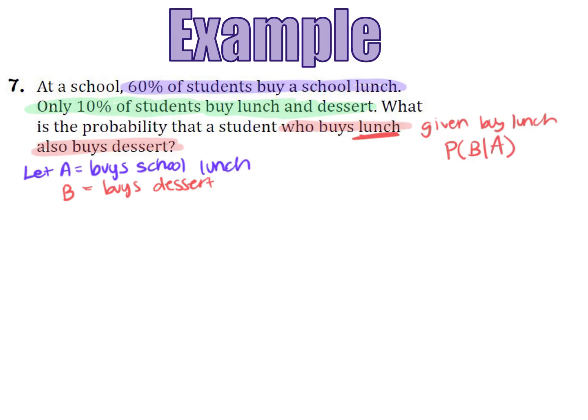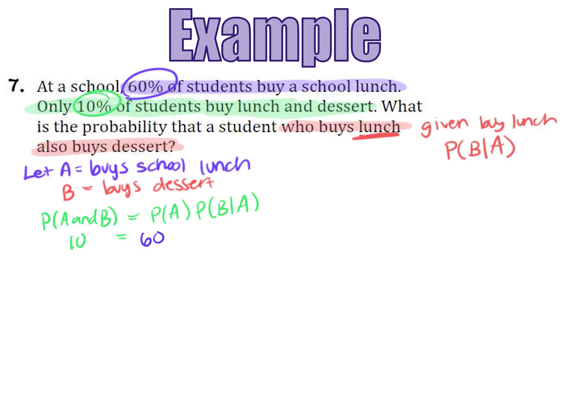So remember that the probability of A and B is equal to the probability of A times the probability of B given A. And we actually know the probability of both. The probability of both is 10%. We also know the probability of A. The probability of A is 60%.